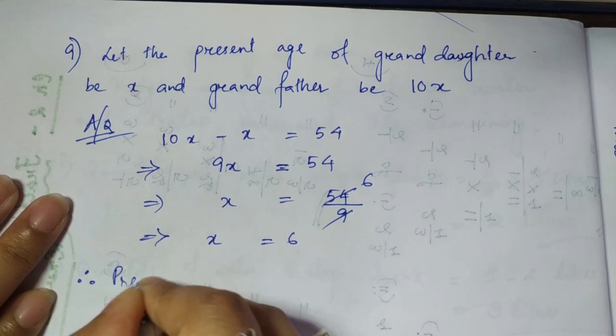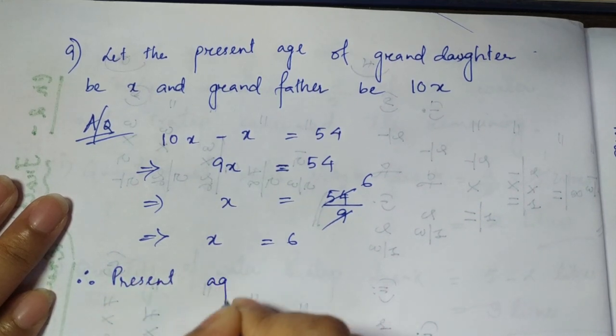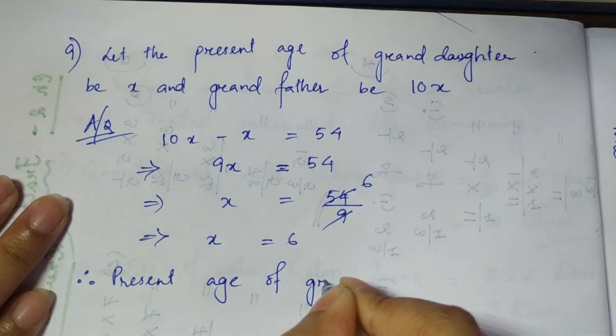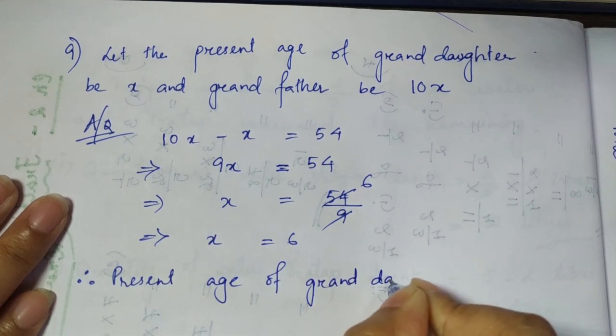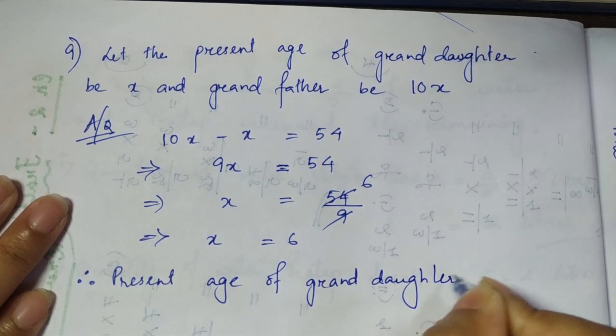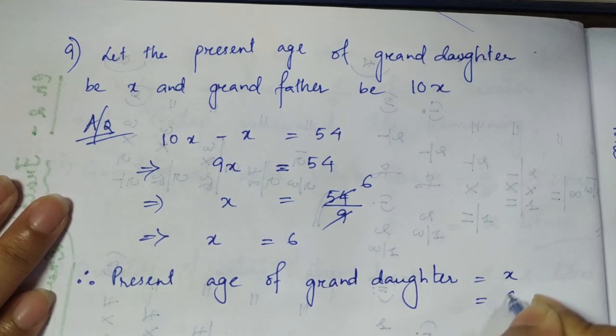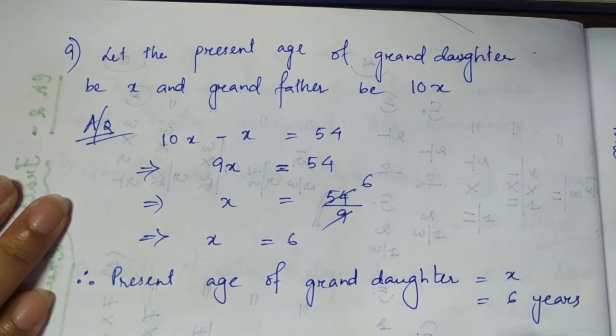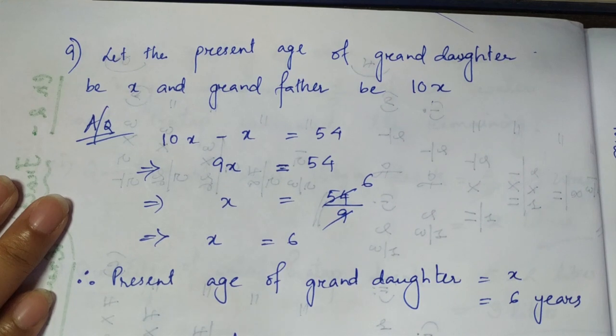Therefore, present age of granddaughter is equal to x, which is equal to how much? 6 years. And of grandfather will be how much?